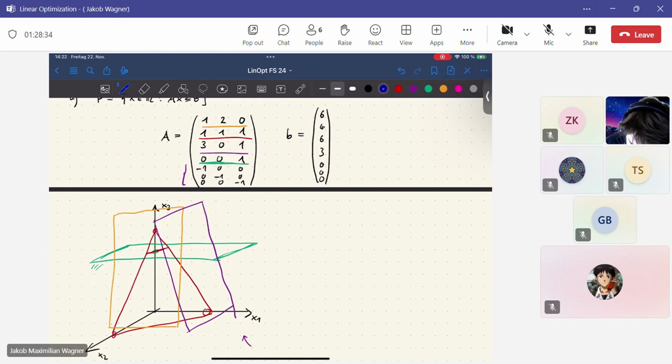And so we have here this bit of the feasible set, and we have something like here until the red and the orange plane intersect, and then we go down to here.